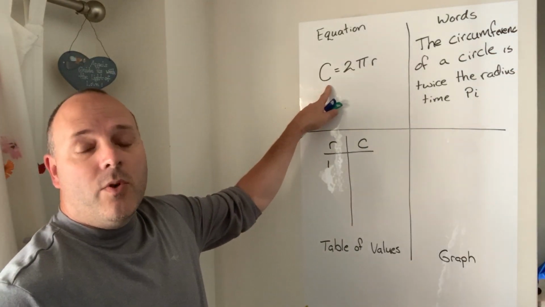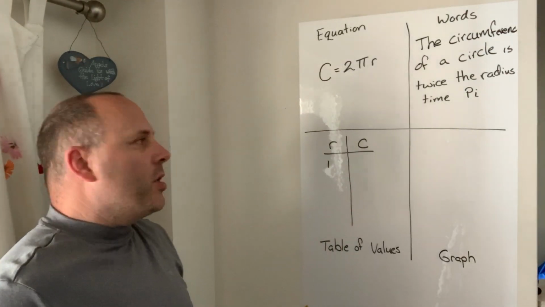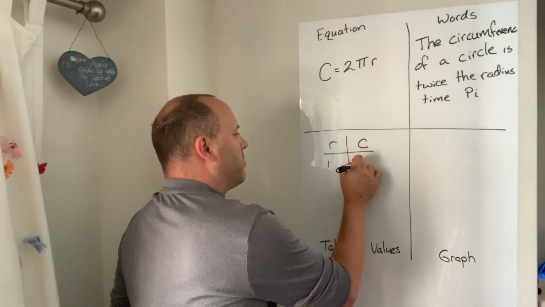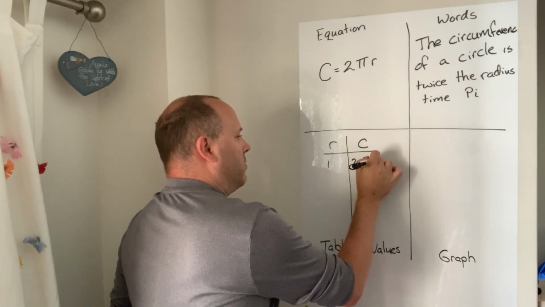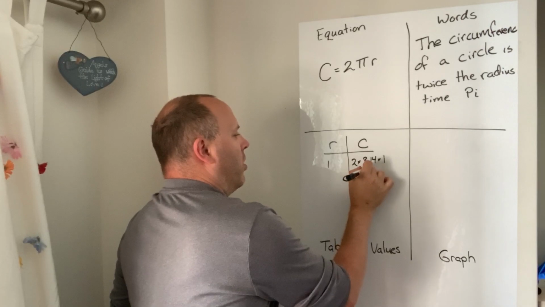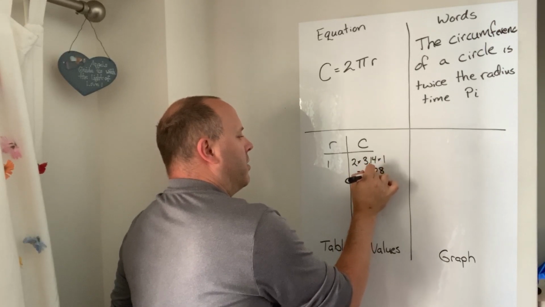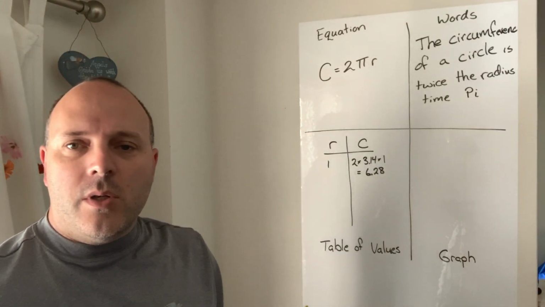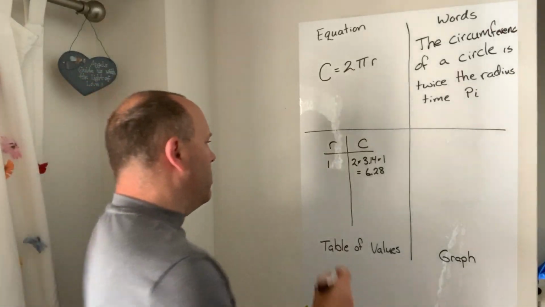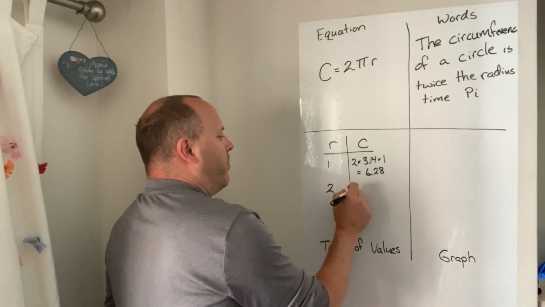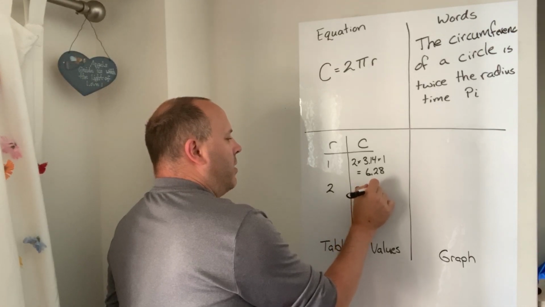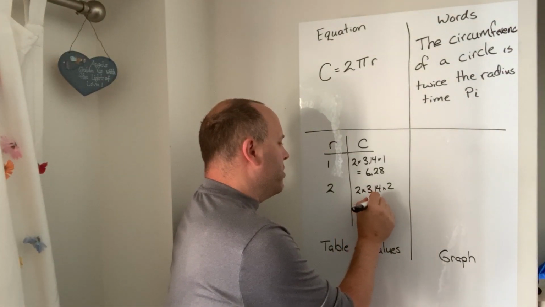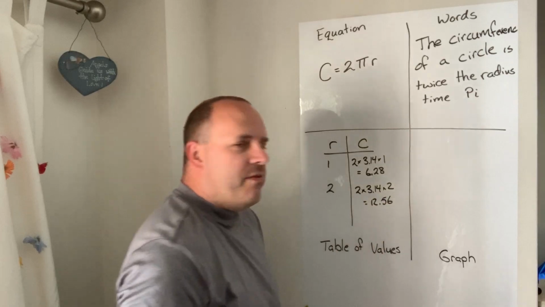Then you can use this formula to calculate what the circumference would be, and it would be 2 times pi times 1, or roughly 6.28. And we could calculate other points. What if the circle had a radius of 2? Then it would be 2 times pi times 2, which, if math is good to me, is 12.56.